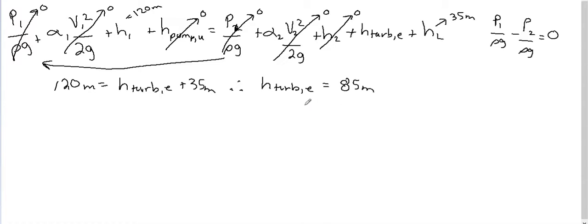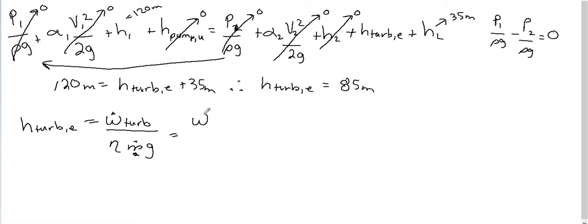Now, from our previous video, we saw that the head of the turbine, and this is where we are going to be using this eta, the efficiency that we were given of 80%, is equal to the power of the turbine, W dot, the work per time, divided by the efficiency times the mass flow rate times g, and that's why we needed to calculate this mass flow rate.